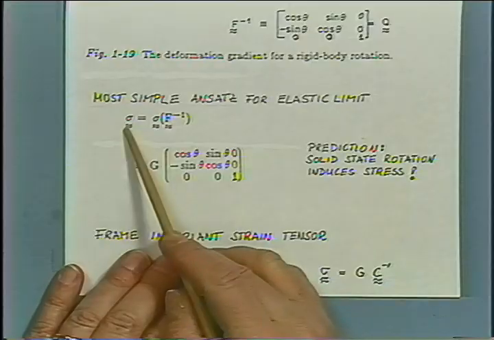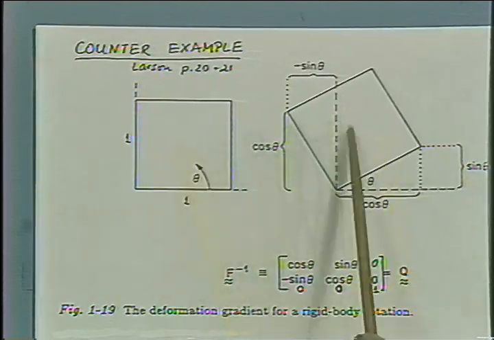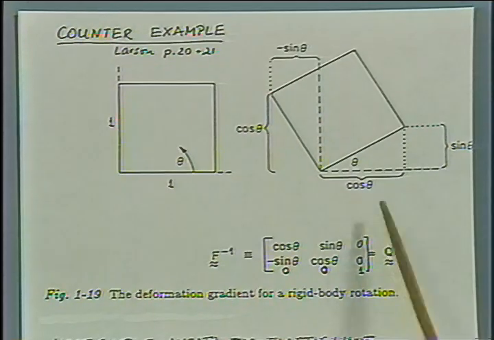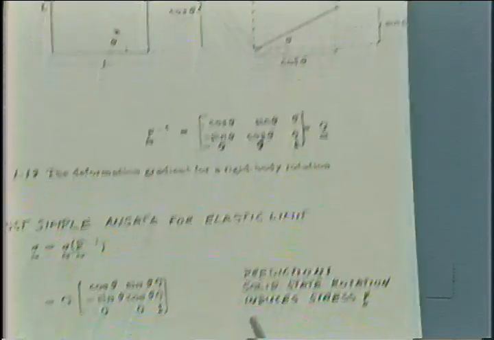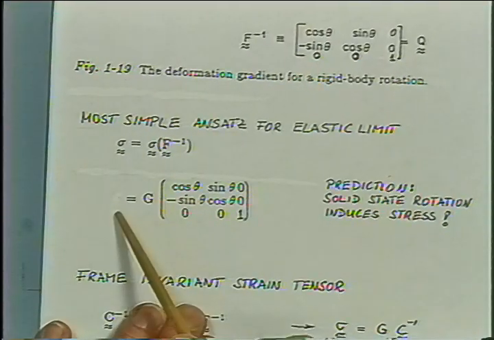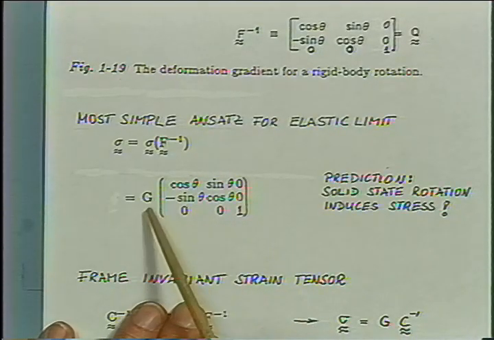He would say the stress is a function, in this case, of the inverse of the deformation gradient. And for the rotation, which Larson picked here, the deformation gradient is given by a rotation matrix as such. So we would have the stress equal to this matrix here, multiplied with a coefficient of proportionality, which would be some modulus.